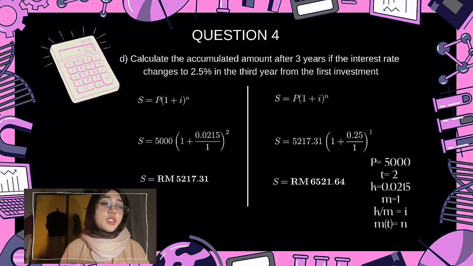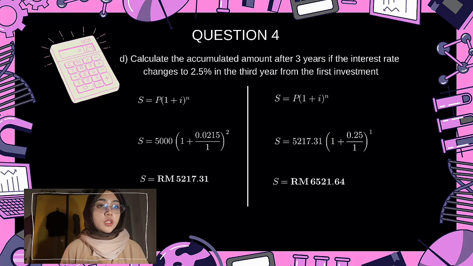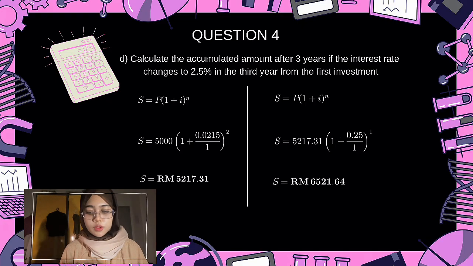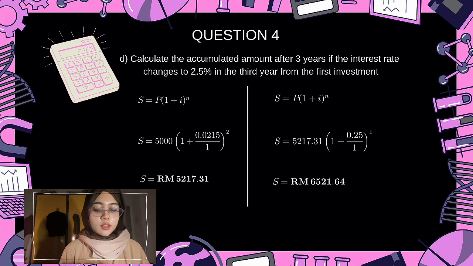Here, the rate will be changed to 2.5% and S equals 5,270.31 ringgit Malaysia open bracket 1 plus 0.025 divided by 1 close bracket to the power of 1, which equals 6,384.38 ringgit Malaysia. That is the accumulated amount after 2 years.